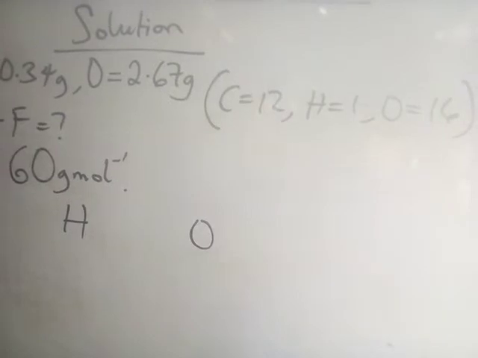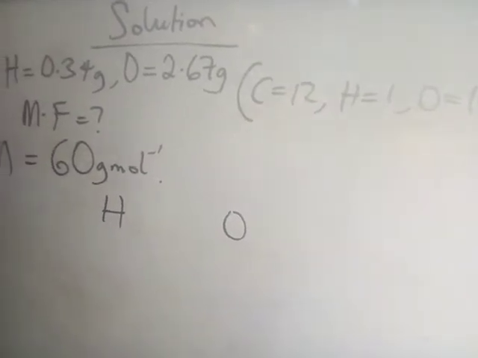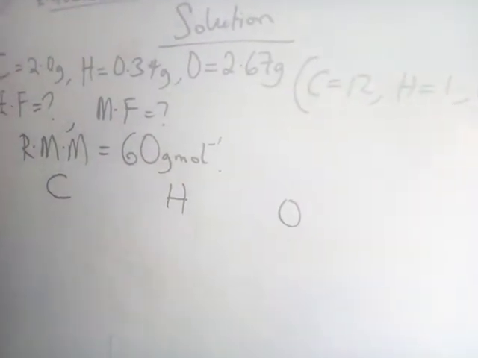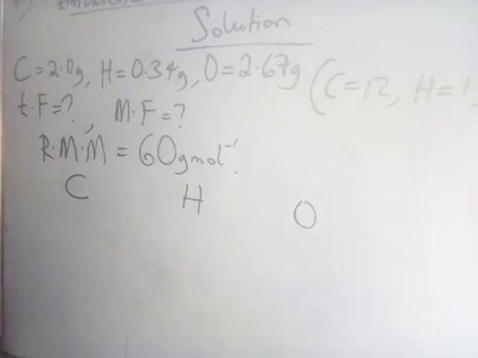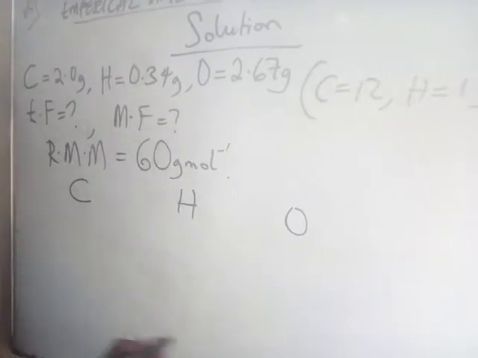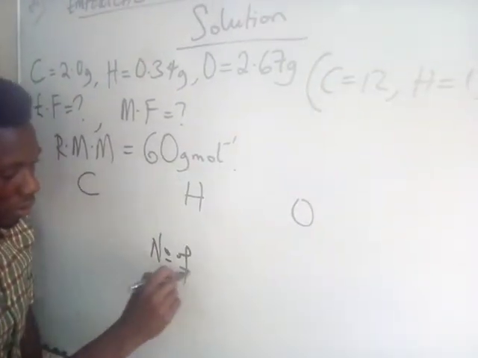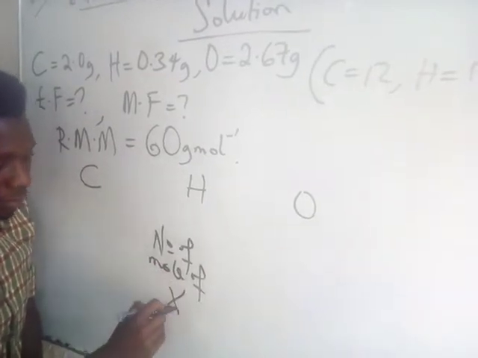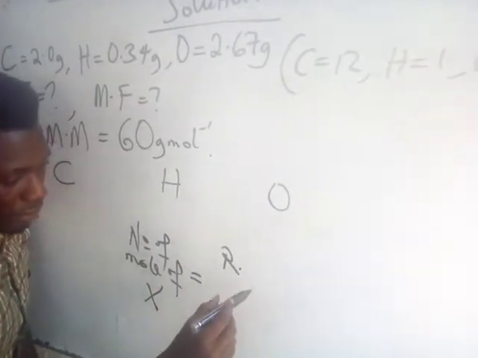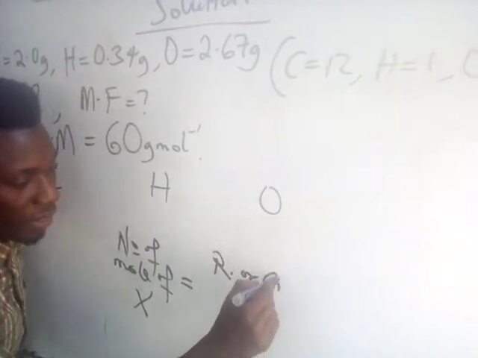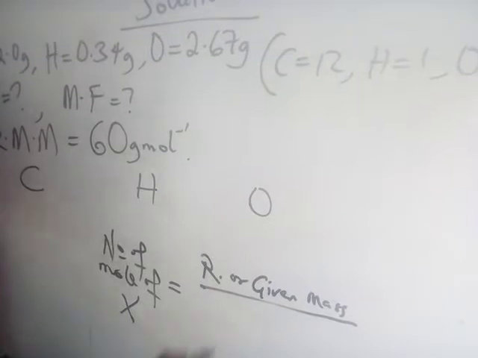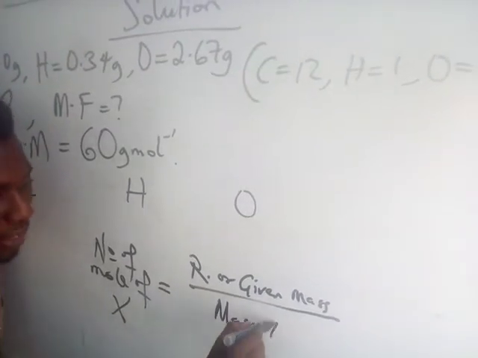Now, the next thing to do is find the number of moles of each of the atoms. How do we calculate the number of moles of an atom? It's very simple. Number of moles of any atom is simply equal to the relative or given mass over the mass number.